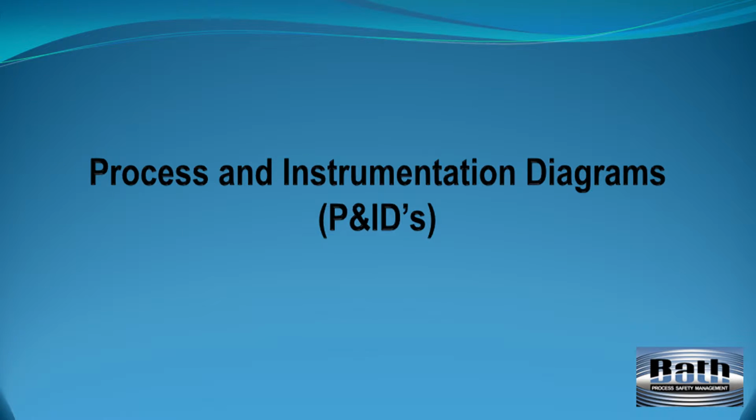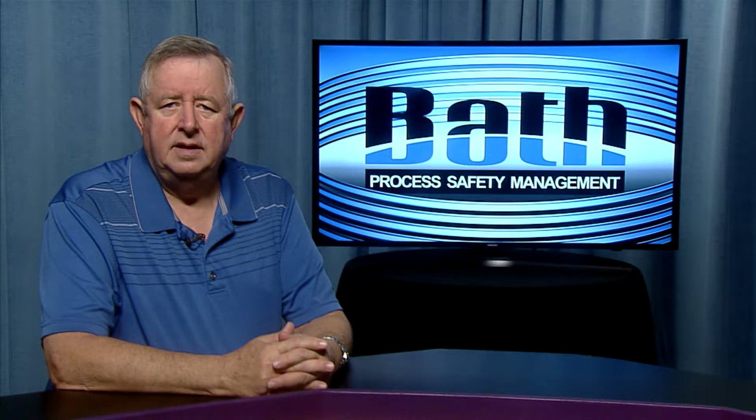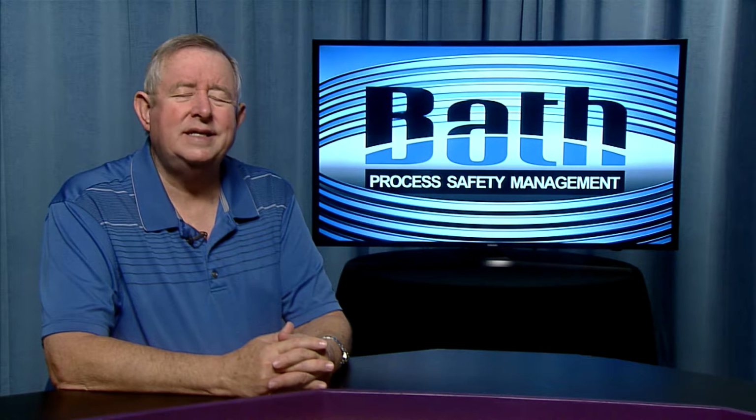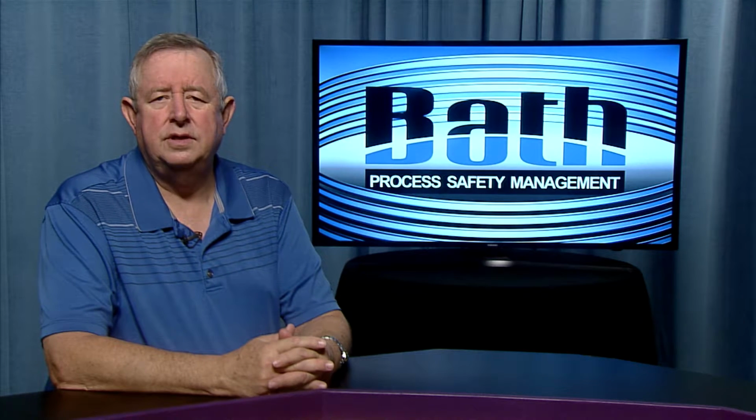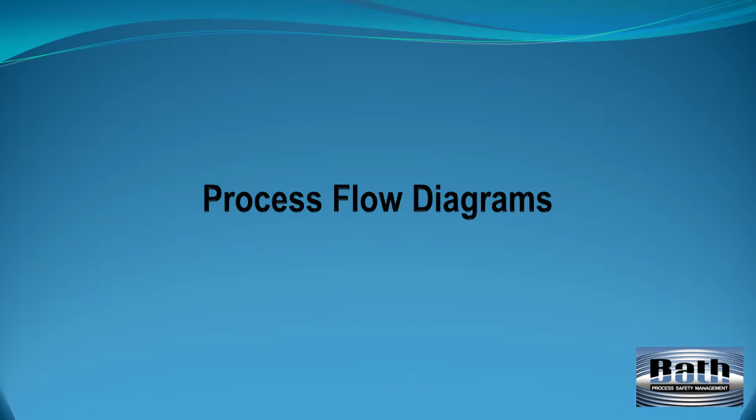Second, process and instrumentation diagrams, better known as P&IDs. These documents can be in PDF format and must be current as required by OSHA. It is the P&IDs that actually sets the scope for the hazardous area classification study. Third, process flow diagrams.